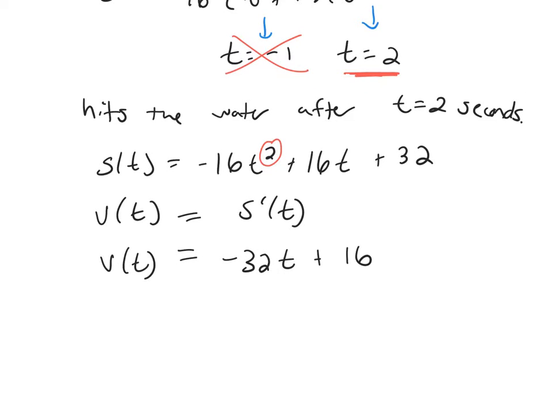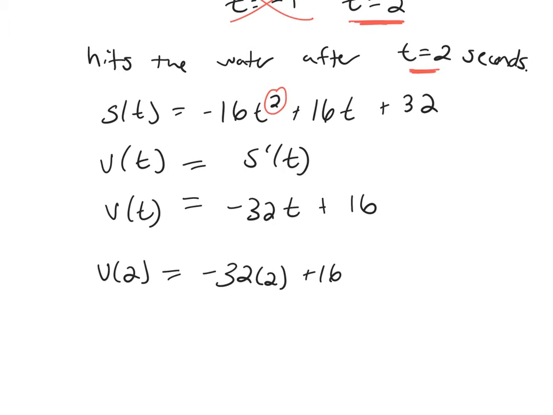The diver made impact when t was 2, so you're going to plug in 2 here. And you get negative 48. And you need to put units on this: negative 48 feet per second. And that was the velocity on impact.